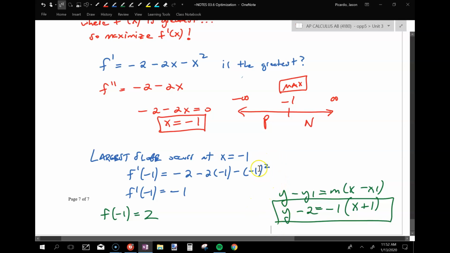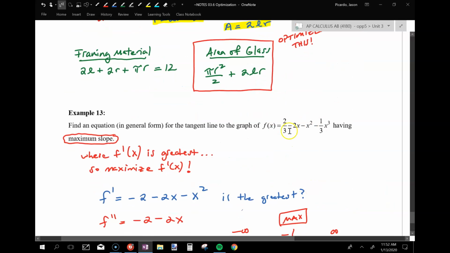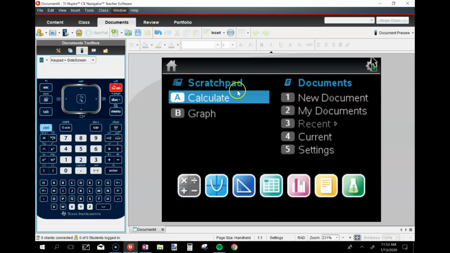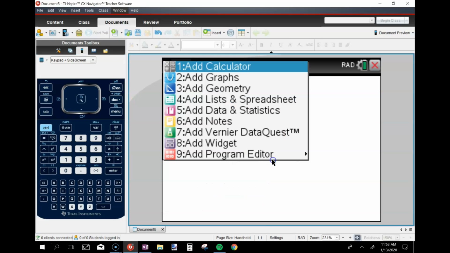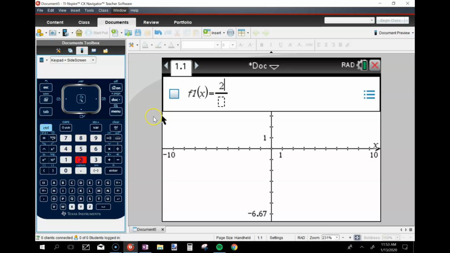Now, Brandon says that he thinks this graph is always going to be decreasing. Let's look at what that original graph actually looked like. Two-thirds minus 2x minus x squared minus a third of x cubed.